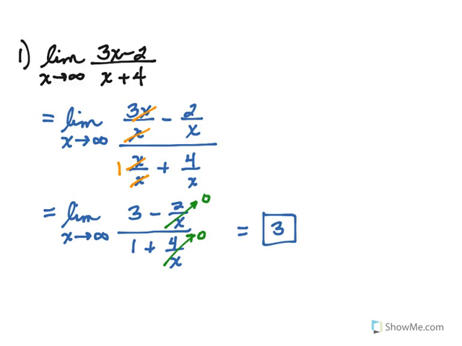So if you were to graph this, and you can try this on your graphing calculator, graph the original function 3x minus 2 over x plus 4, what you should notice as you look at the far right extremes of the graph is that your curve is essentially leveling off at a y value of 3. Because remember what a limit is.